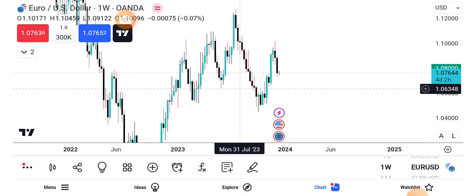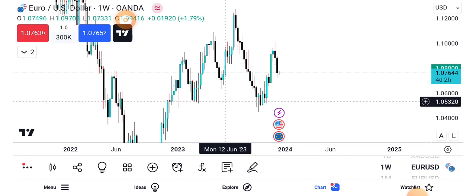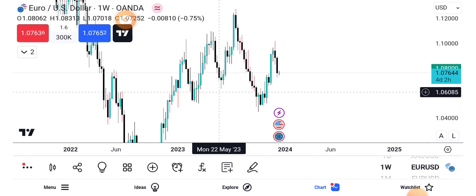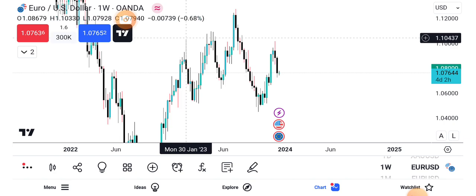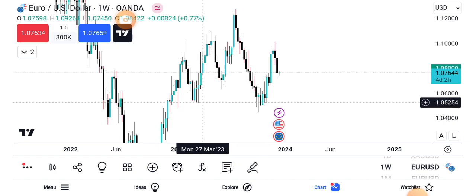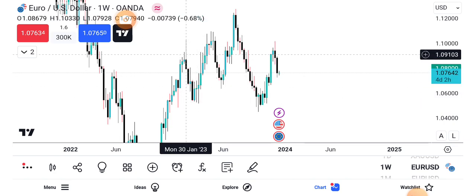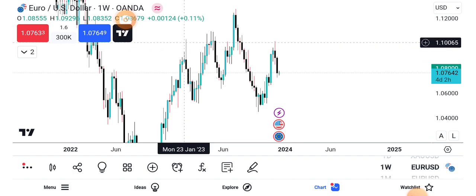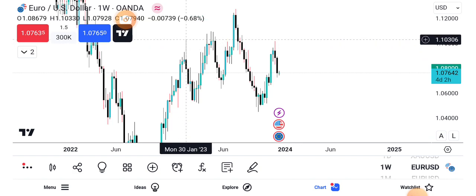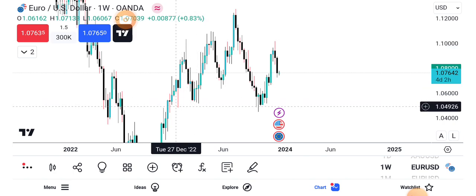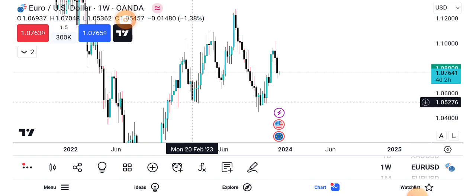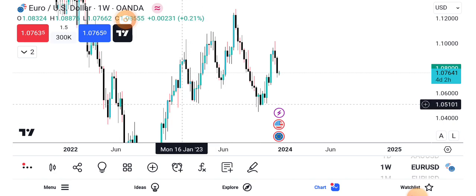We have, number one, liquidities, and to those who do not know what liquidity is, above every high and below every low we have liquidities, but above highs we have buy side liquidity. So above these highs we have buy side liquidities, below these lows we have sell side liquidity resting below.